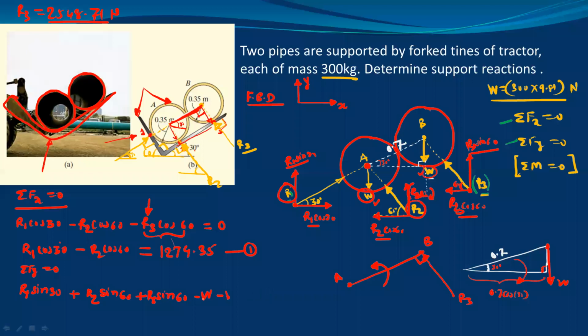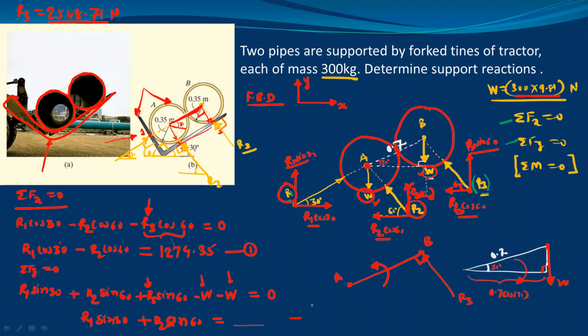Now put the value of weight, 300 into 9.81, and the value of R3. All these values are known, and again we get the equation R1 sin 30 plus R2 sin 60 equals some constant value.